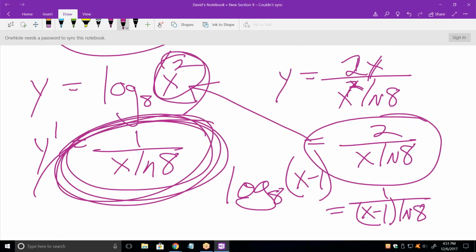I still actually do have to apply the chain rule because there is an inside, but what's the derivative of the inside? Just 1. So I kind of ignore the chain rule with a problem like this. However, if I made that 2x minus 1, now the derivative of the inside is 2, and I'd have to put a 2 up there.